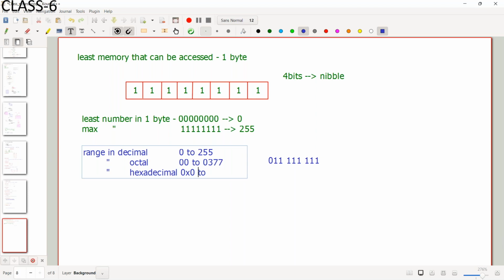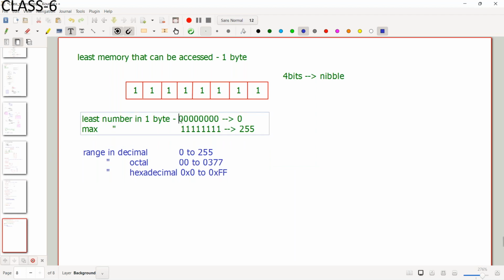Then 0x and all ones: 4 bits together is F, and the other 4 bits together is another F. So the maximum we can store is 0xFF.